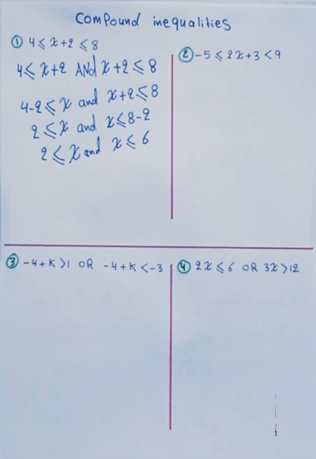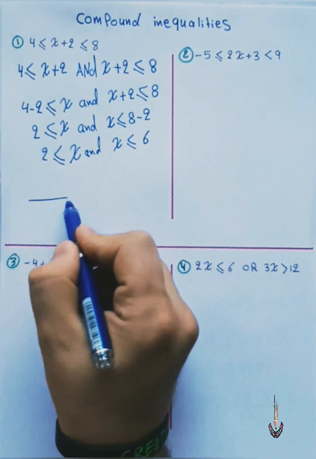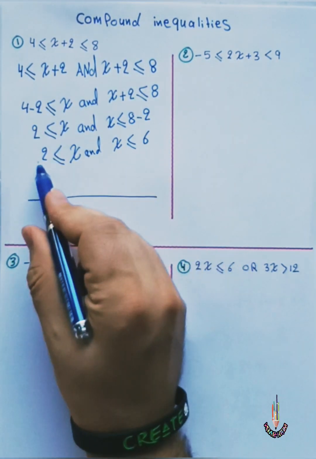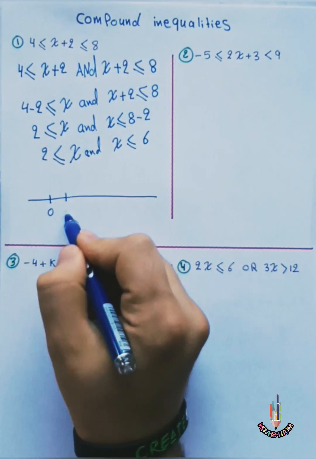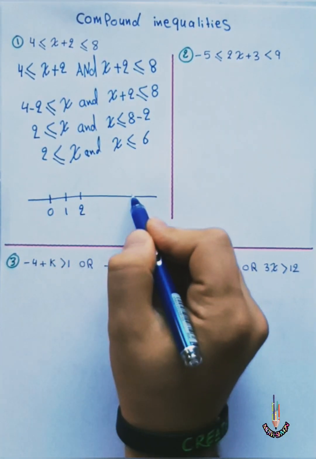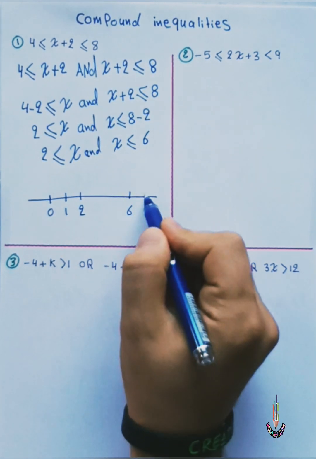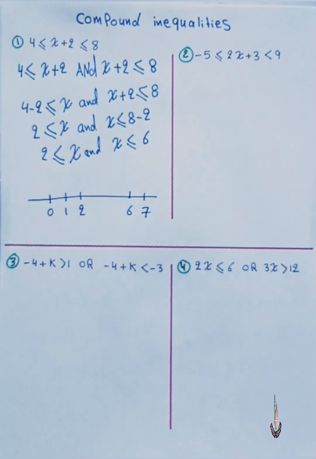When we graph the value of x on a number line, both values are positive, so this is 0 and this is 1, 2, up to 6 and this is positive 7.